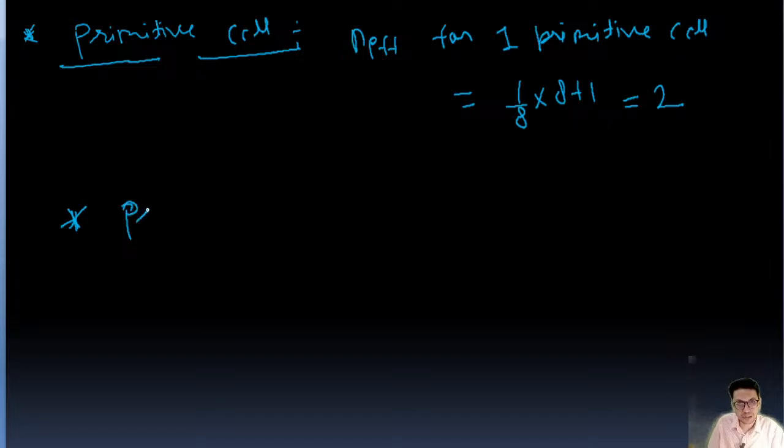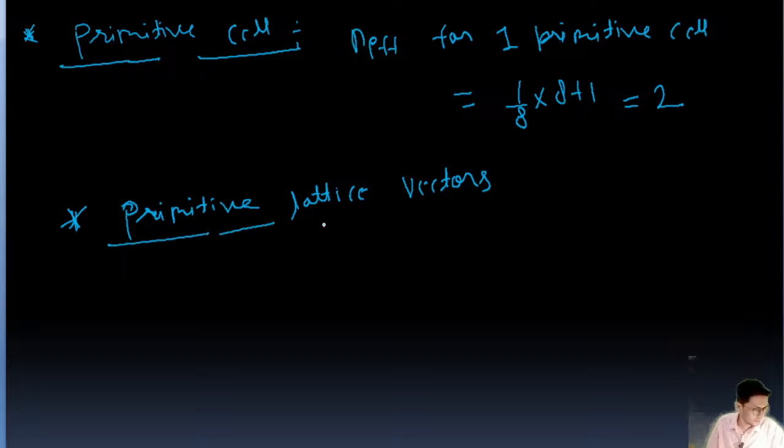Okay, and primitive lattice vectors for primitive cell are, you need to note down, okay, and learn it. Value of B is A j cap.